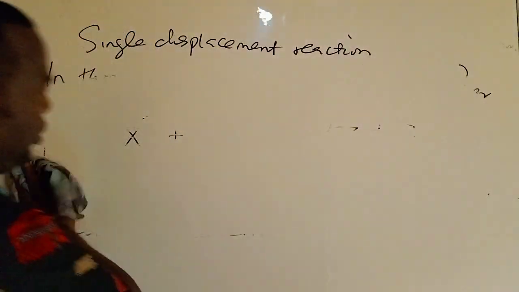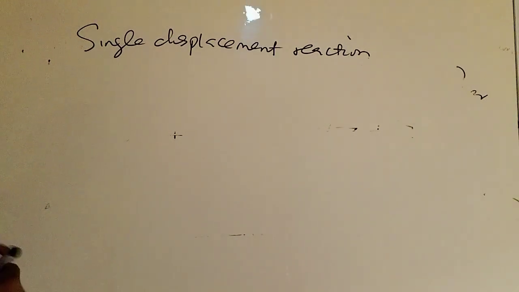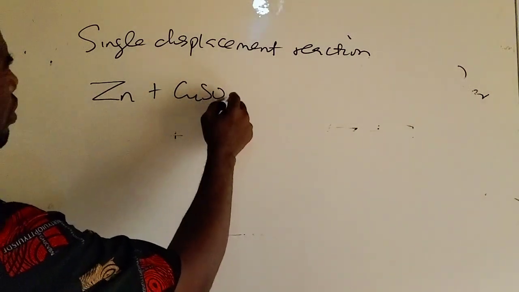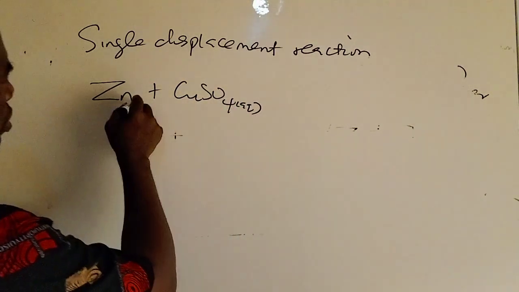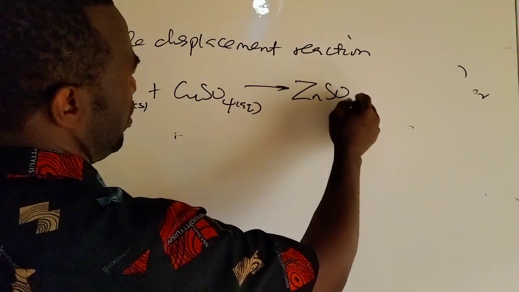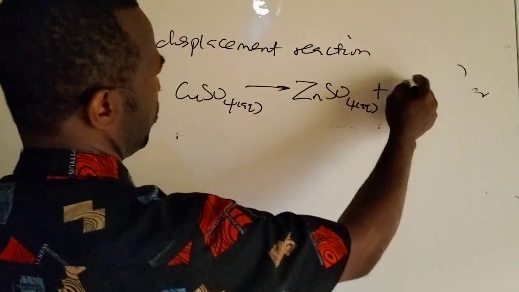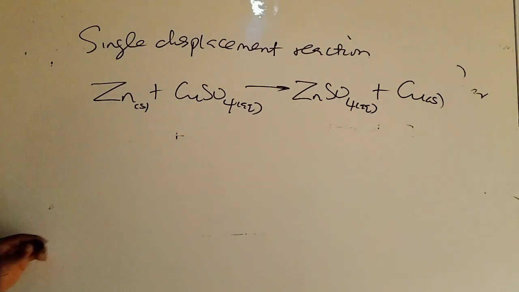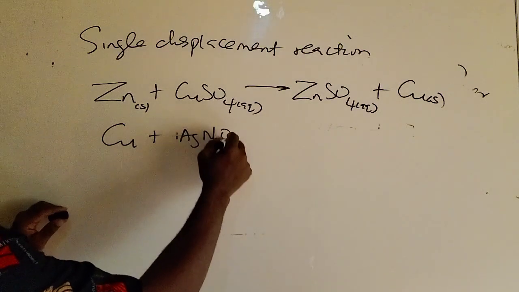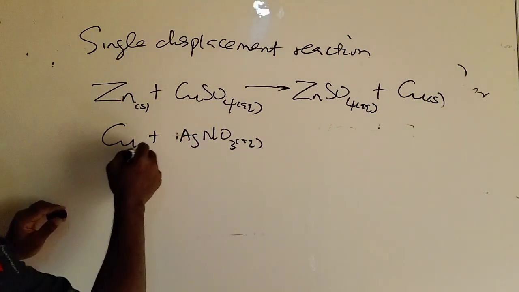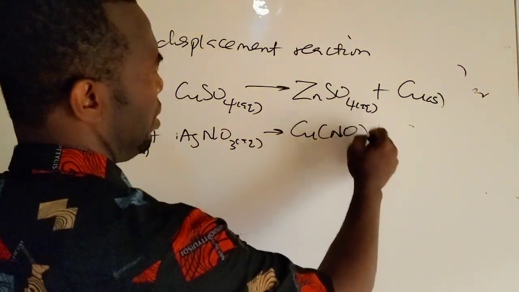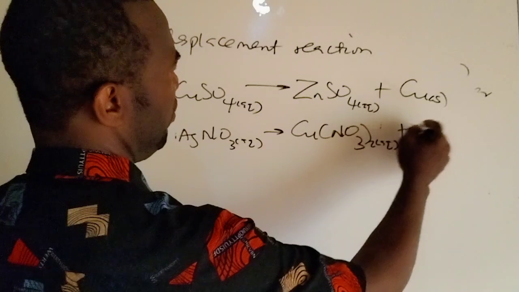So we have on the board, zinc plus copper sulfate, giving us zinc sulfate plus copper. Example two, copper plus silver nitrate, giving us copper nitrate plus silver.